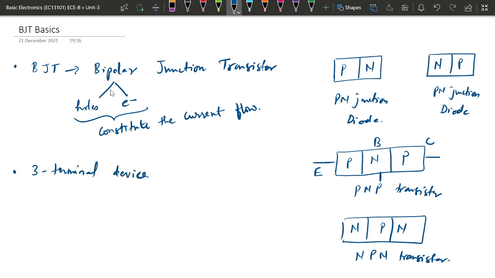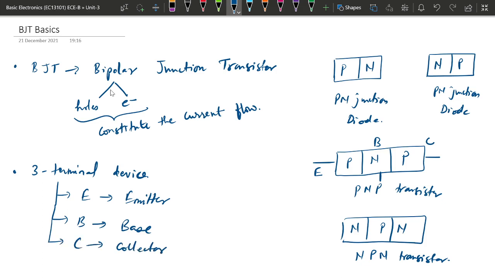The three terminals are E for emitter, B for base, and C for collector. So these are three different terminals, and based on the terminals, different layers are defined. So this P region is called the emitter region, this is the base region, and this is the collector region.